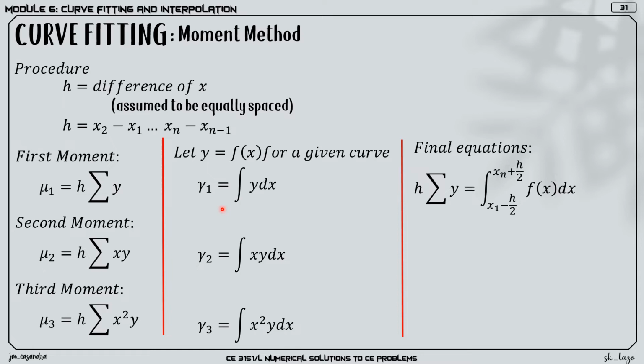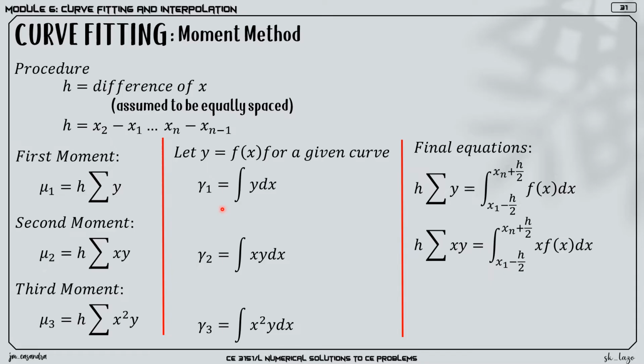For the second moment, it will be h times the sum of xy equal to the integral of x times f of x dx from x sub 1 minus h over 2 to the upper limit x sub n plus h over 2.